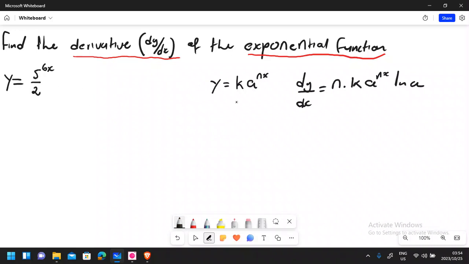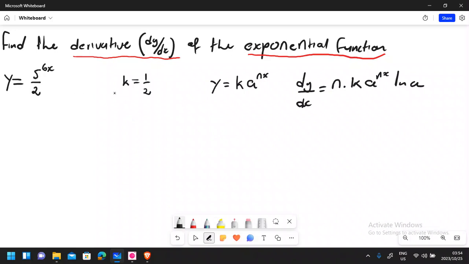Now we need to know what k is and what n is. We know already that a is the base, so we have to be very, very careful. Let's look at this. So when you look at this, k is gonna be 1.5.